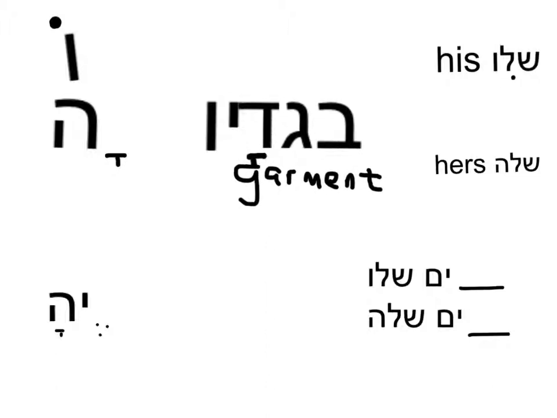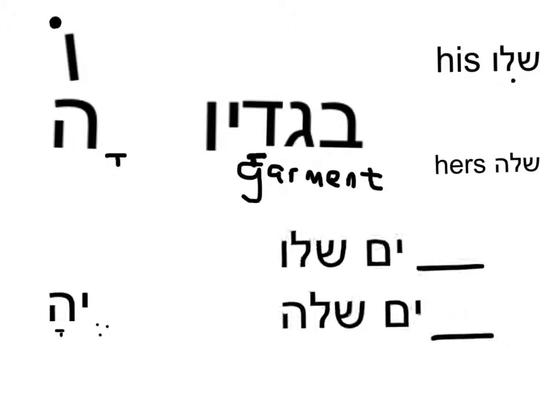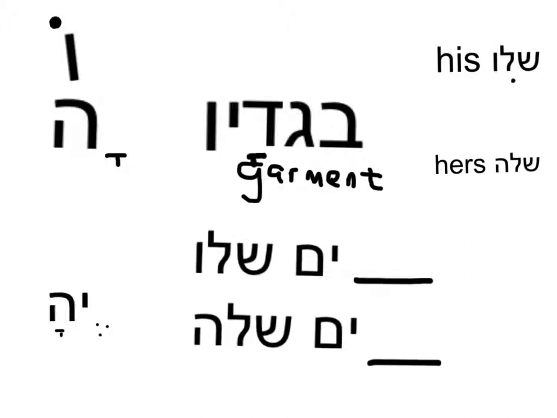If I said bigadav, what does bigadav mean? Bigadav, it's still a beged, a garment, and that vav still means shalo. It's short for shalo, that it's his garment. But what's that extra yud doing there? That extra yud is actually short for im, the suffix yud mem. So bigadav is really the following.